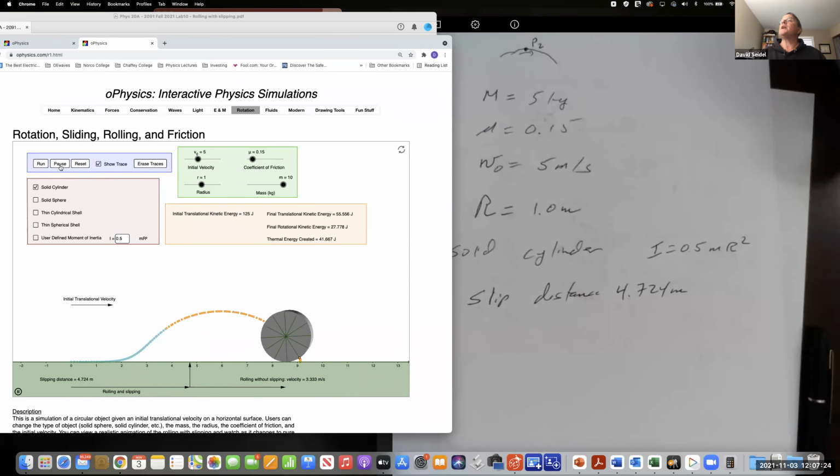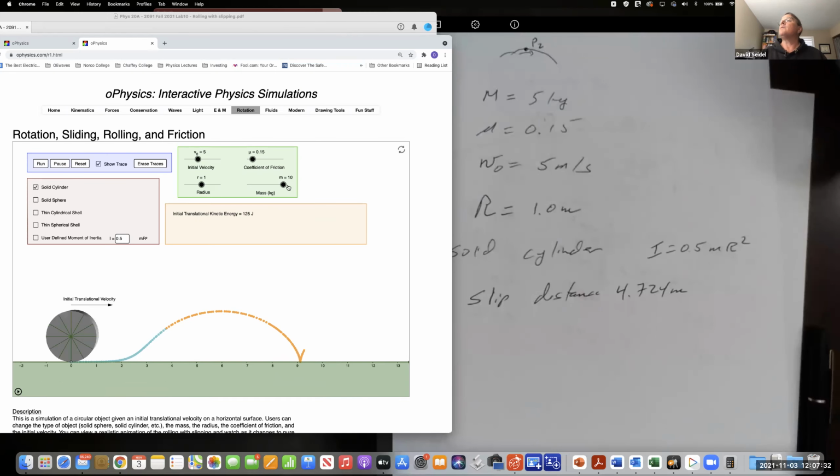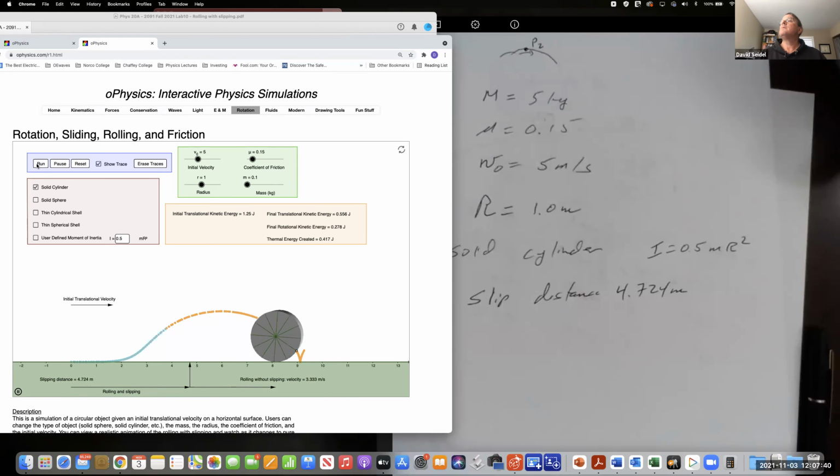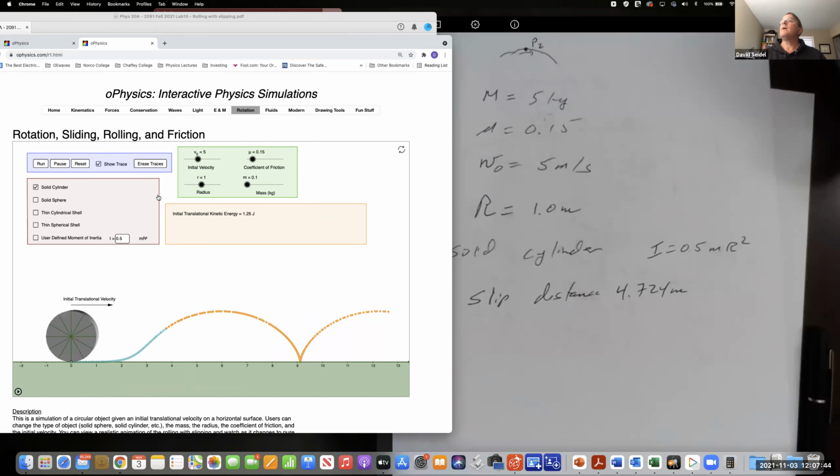That doesn't even change anything. You see, it's all identical. I change the mass, I reset it, I move the mass down here. Same thing. Okay? They're always the same.